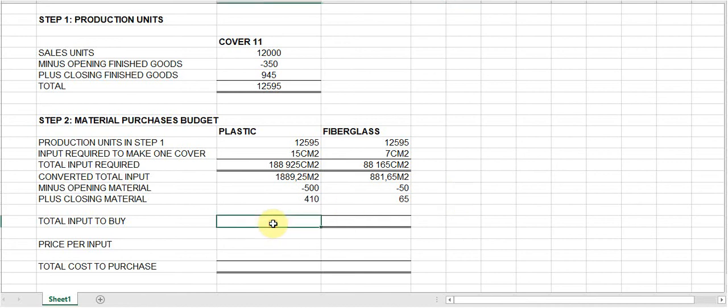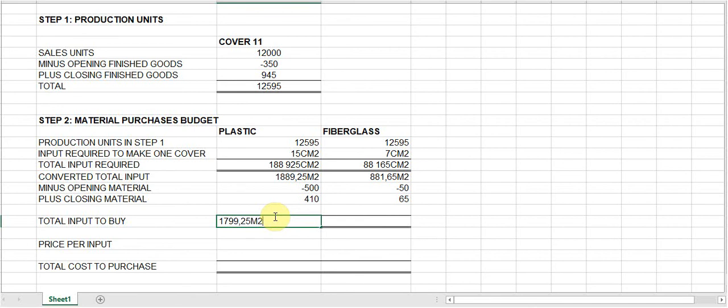To get to the input that I have to buy, I'm going to start with the converted input, 1,889.25. I need to minus the 500 and add back the 410. So I need to purchase 1,799.25 square meters.